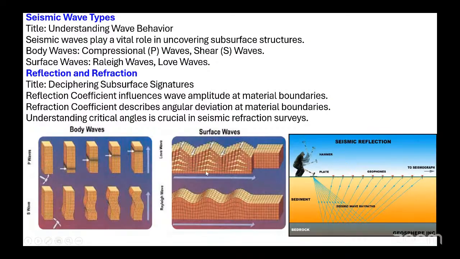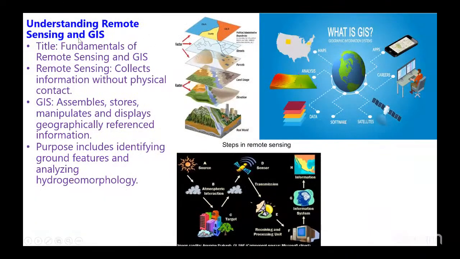Reflection and diffraction methods are also used, along with understanding remote sensing and GIS, reading GIS and all geomorphological and topographical features. Satellite image processing and the use of these techniques for groundwater exploration is very essential nowadays.